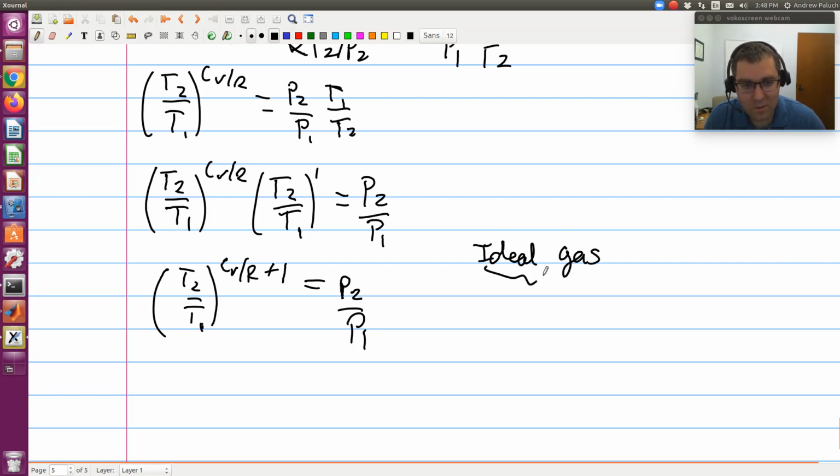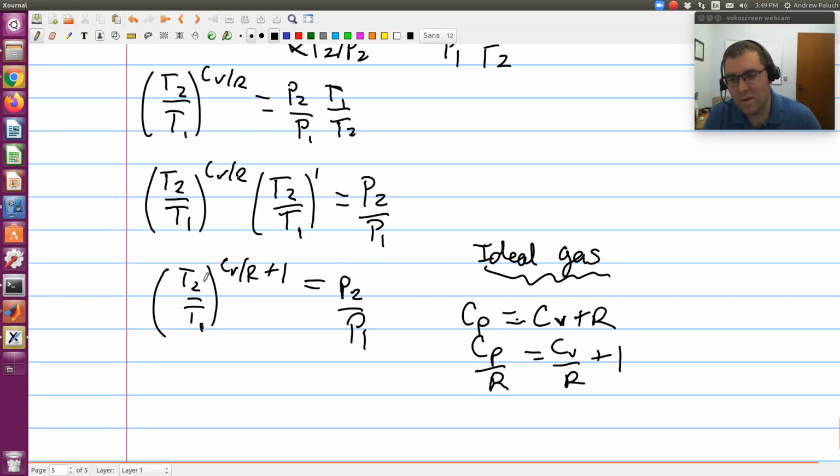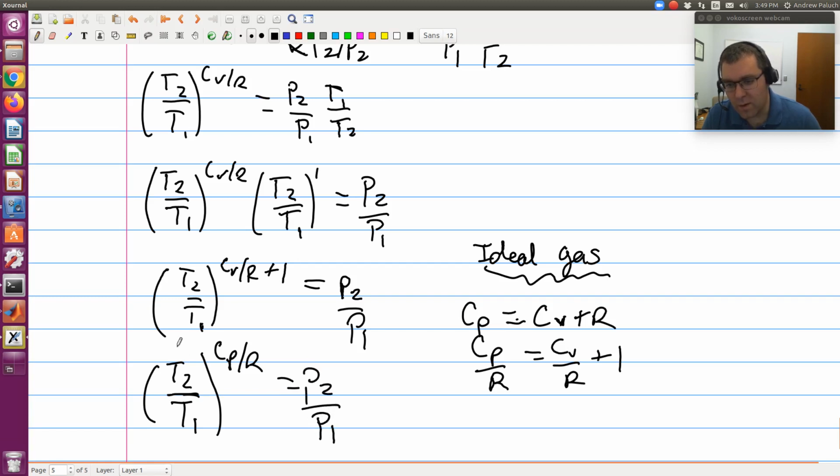For an ideal gas, we have that Cp is equal to Cv plus R. Therefore, Cp over R is equal to Cv over R plus 1. And so this we could just rewrite as Cp over R, and that's equal to P2 over P1.